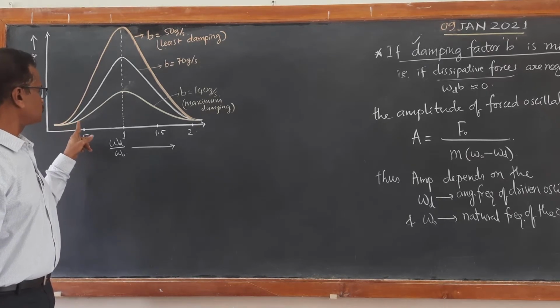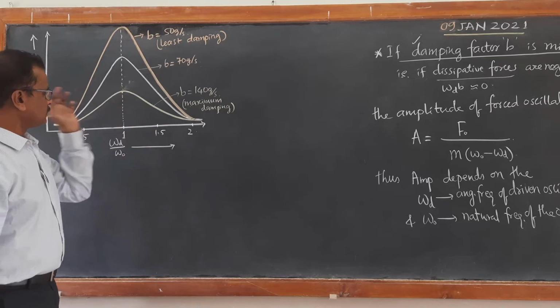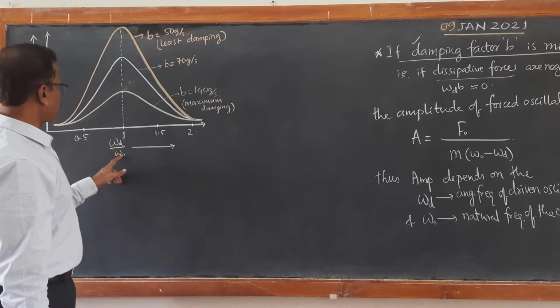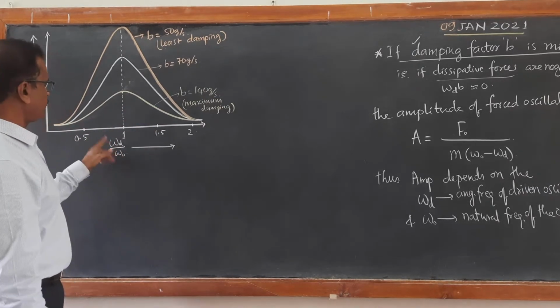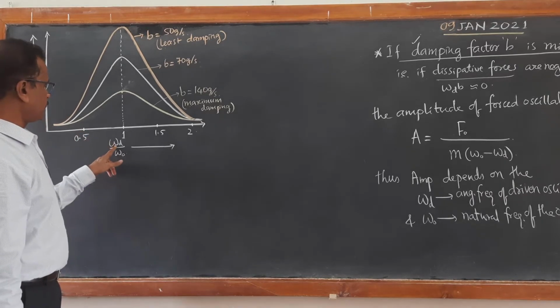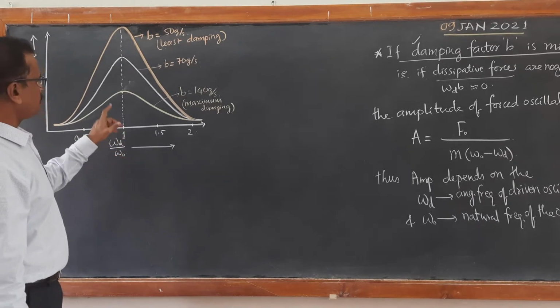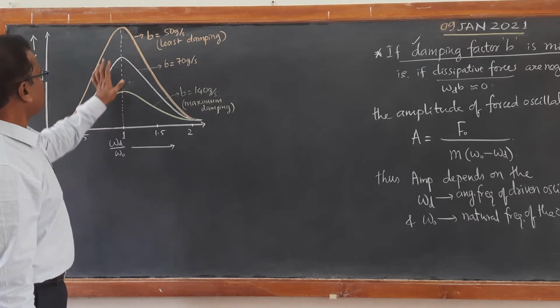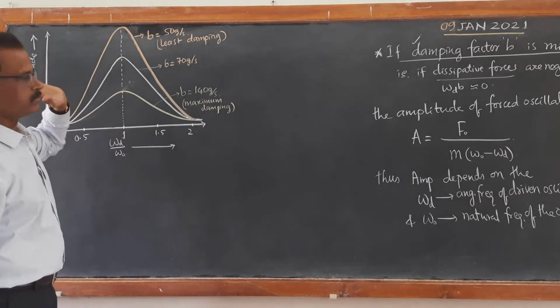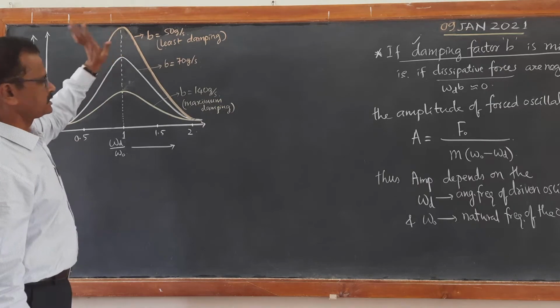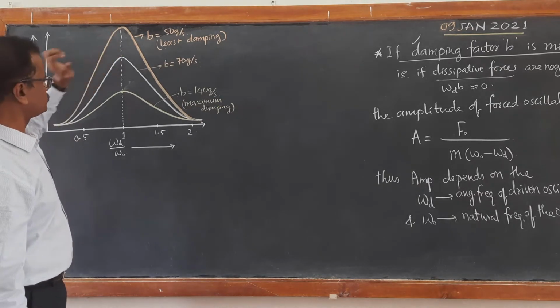The amplitude of forced oscillations keeps on increasing. You see, when omega d becomes equal to omega naught, omega d by omega naught becomes 1. At that moment, the amplitude becomes peak value. The amplitude reaches the highest value.